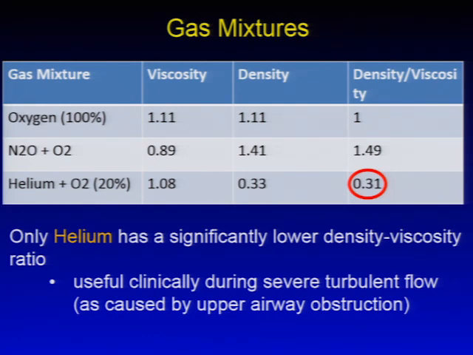If you mix nitrous oxide with the oxygen, viscosity decreases, but density increases. Therefore, the density to viscosity ratio is increased compared to pure oxygen. Only helium has a decrease of the density to viscosity ratio with the mixture of oxygen, because with the mixture, viscosity is decreased, but density decreases further.